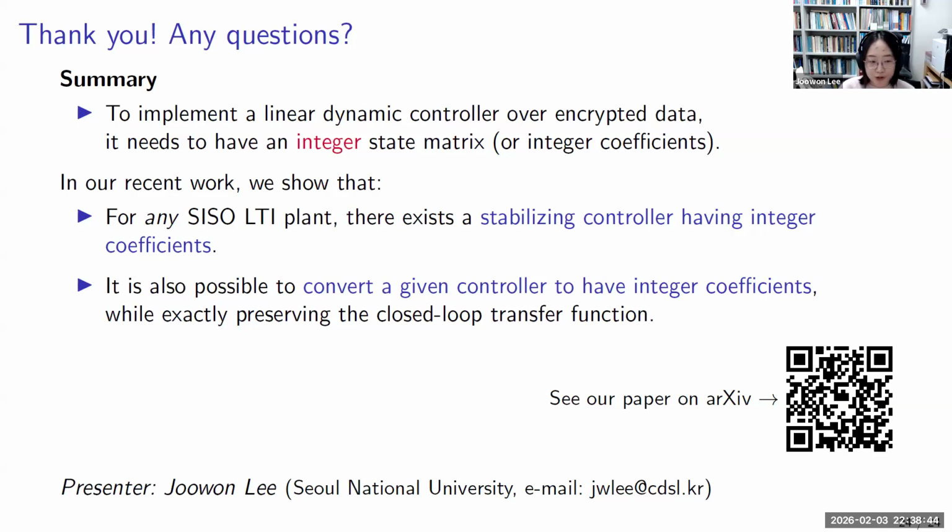And I have described that it is also possible to convert a given controller to a new controller having integer coefficients while preserving the desired control performance, in the sense that the closed-loop transfer function is equal. You can see our paper on arXiv through this QR code, and the paper includes these two results. Thank you for listening, and I'm happy to take any questions.